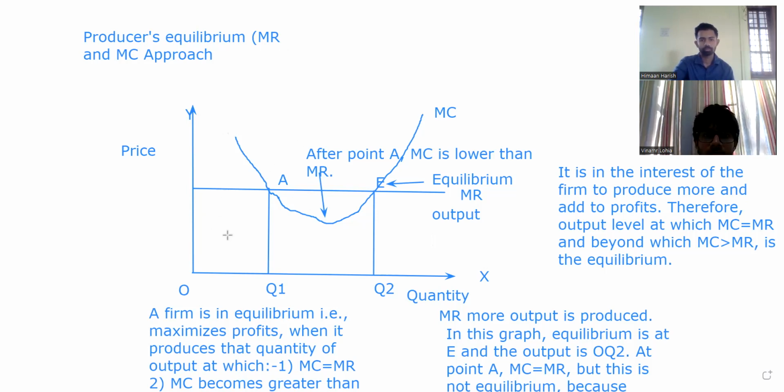It cuts the MR curve from below at point E. So is this explanation clear for the MR and MC approach?